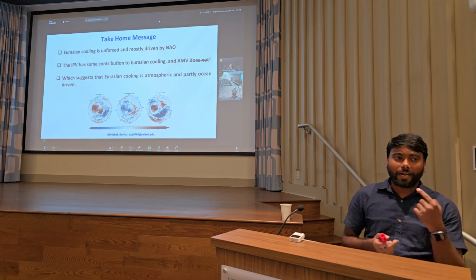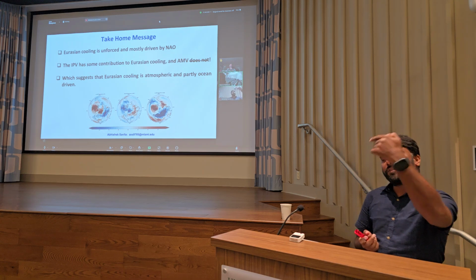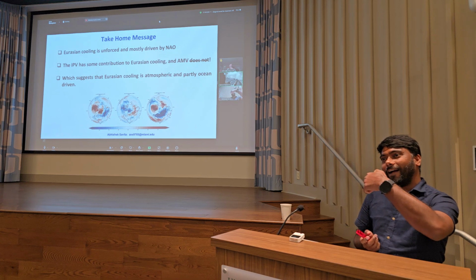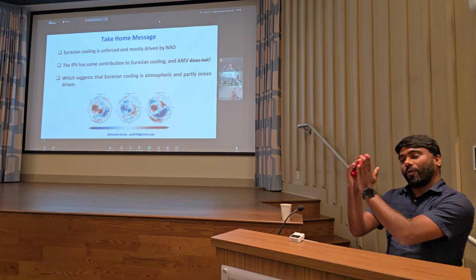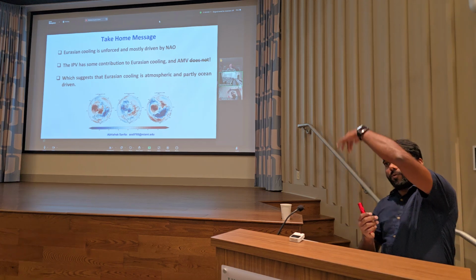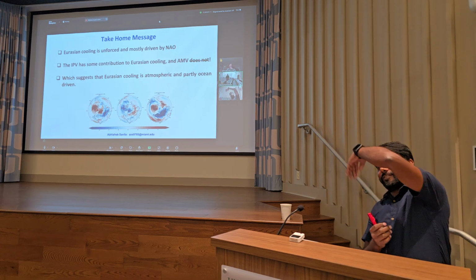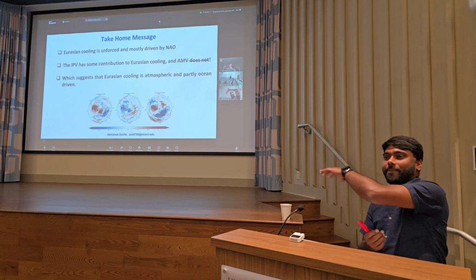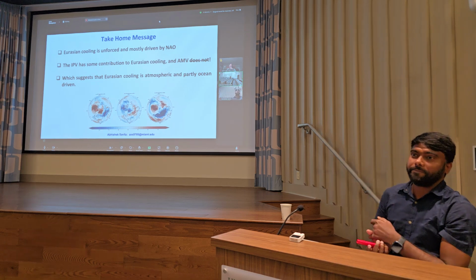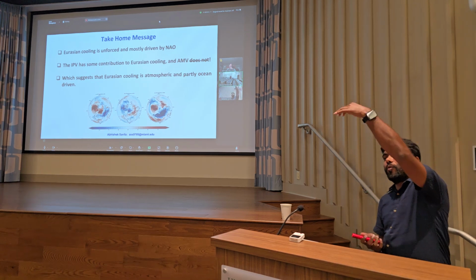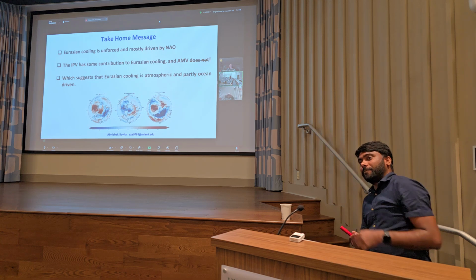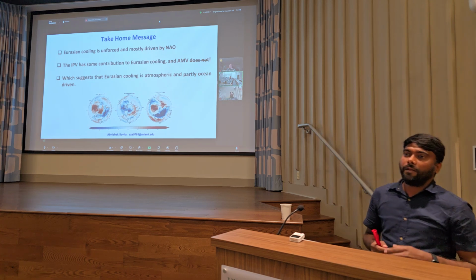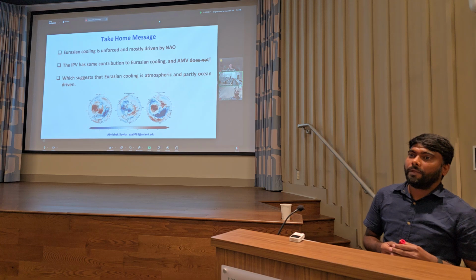Yeah, with the NAO in the negative phase, the jet shifts a bit, and that brings a lot of cold air from the Arctic to Eurasia. That's how the NAO has an impact on the cooling. So more cold air coming from north to south, and that's been observed in the storm tracks that have shifted.